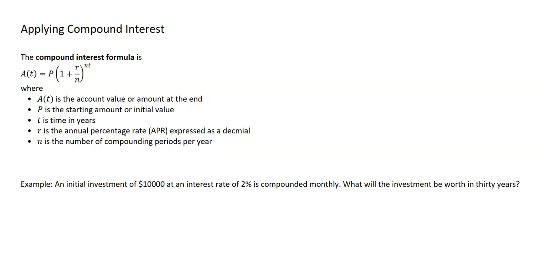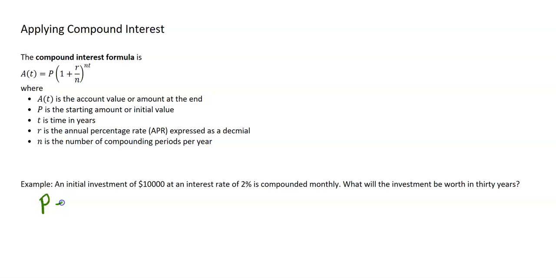So let's jump into an example where we plug this in, see how it goes, and see what we get back out. An initial investment of $10,000 at an interest rate of 2% is compounded monthly. What will the investment be worth in 30 years? So first, let's write down some of the things we know.